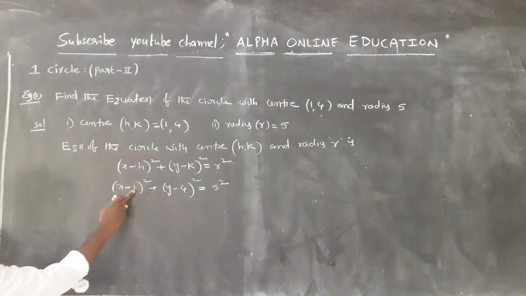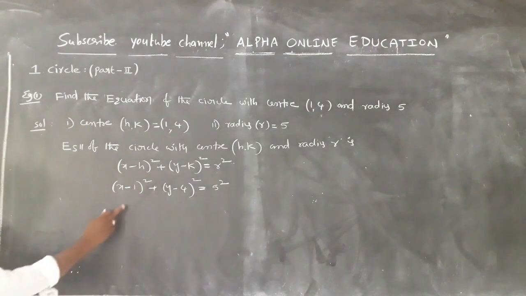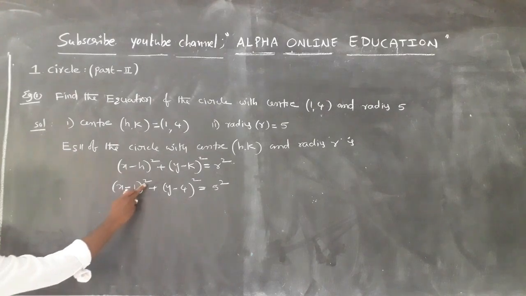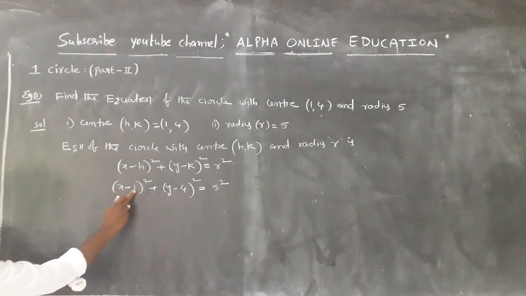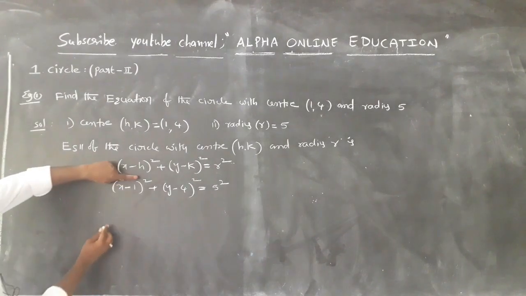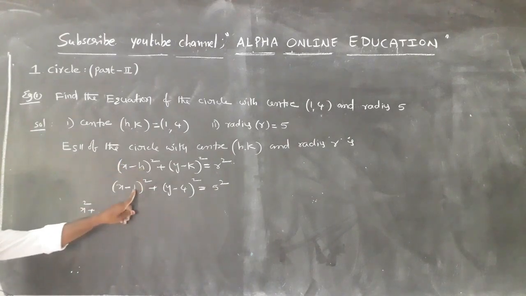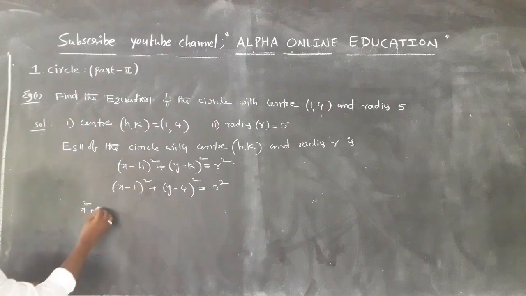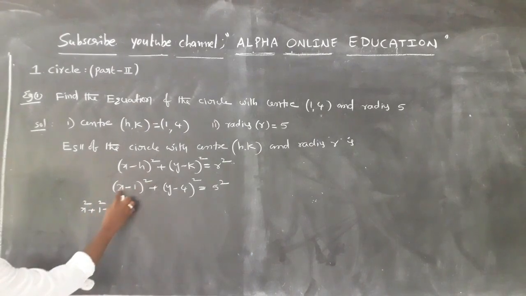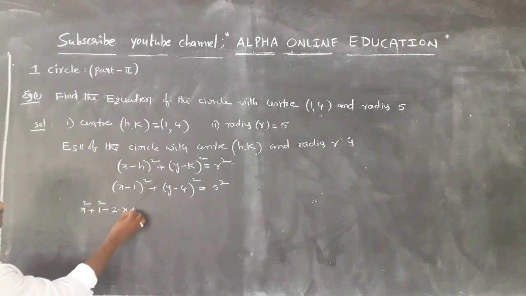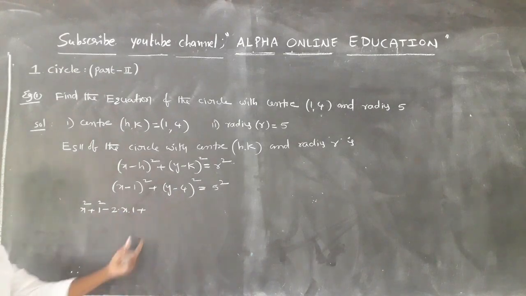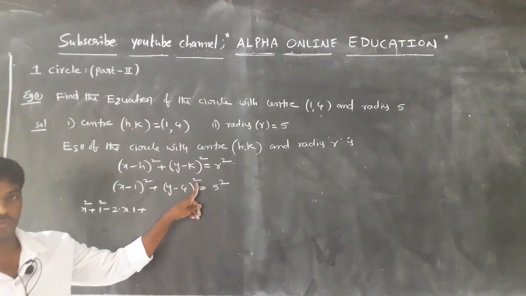Here x minus 1 whole square, by using the formula a minus b whole square equal to a square plus b square minus 2ab: x square plus 1 square minus 2 into x into 1, plus again y minus 4 whole square.